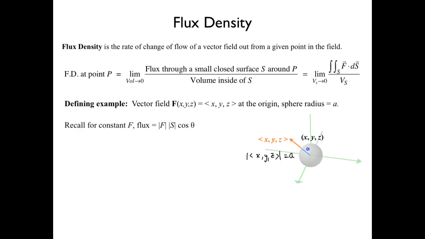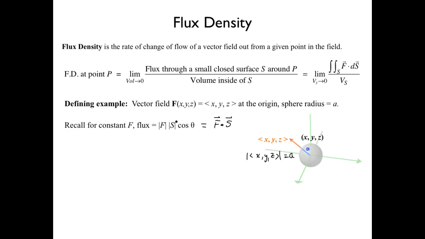All right, so recall that flux is what? F dot S. That was our main formula. The idea of flux is that we're taking the magnitude of the field in as much as it's orthogonal to the surface.